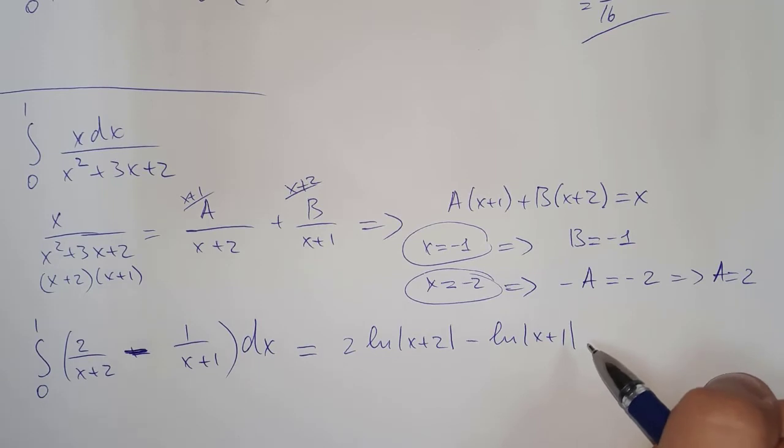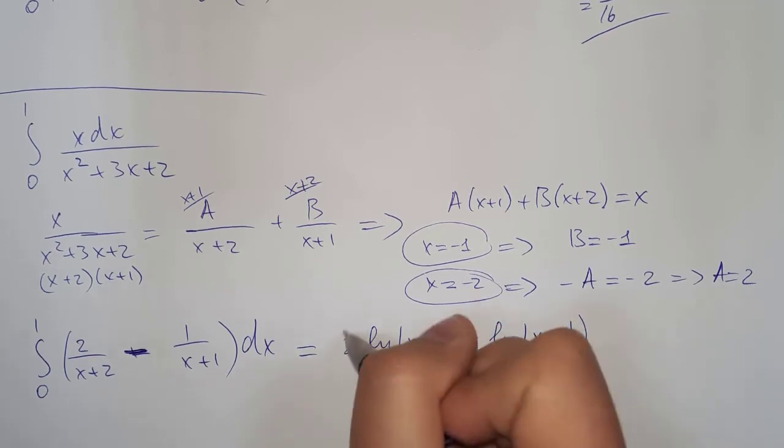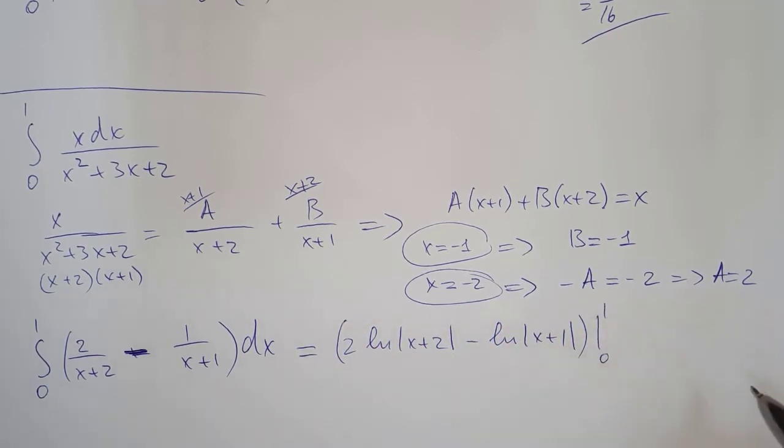Now we have these limits 0 and 1. When we put 1, it will be 2 natural logarithm of 3 minus natural logarithm of 2.